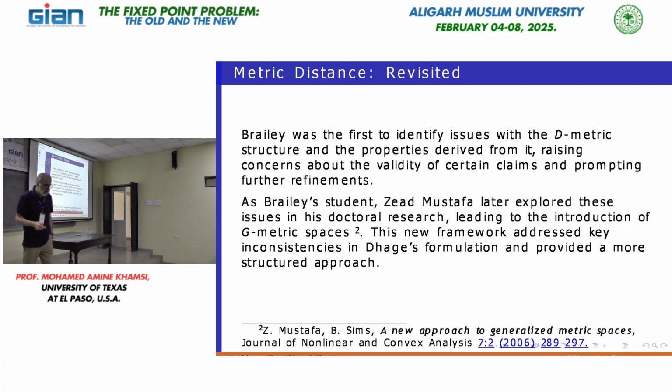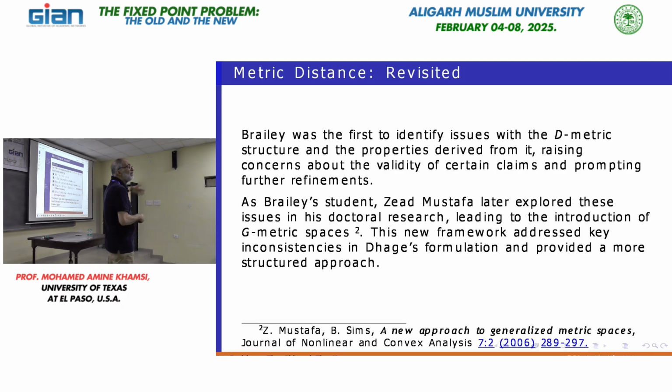Fine. If I were his advisor, I wouldn't have let him do G metric space. I would have said D metric spaces or revised D metric spaces, because that's what it is anyway. So, G metric spaces. Not only did they do these G metric spaces, then they went and they proved the basic theorems that did not work in the case of D metric structure, but now they work in the G metric space. Okay?